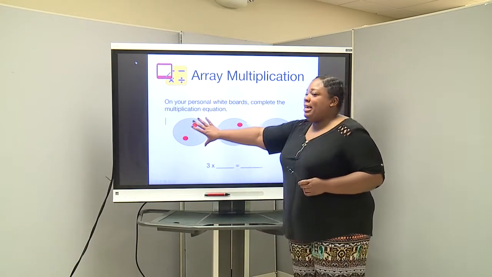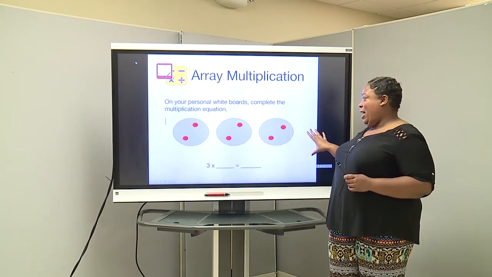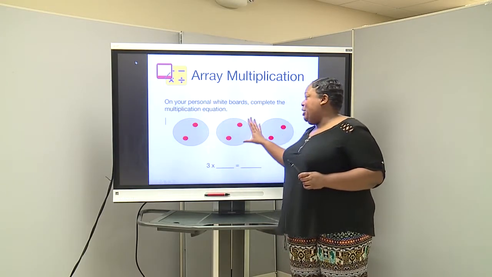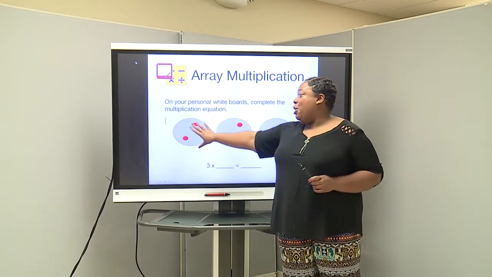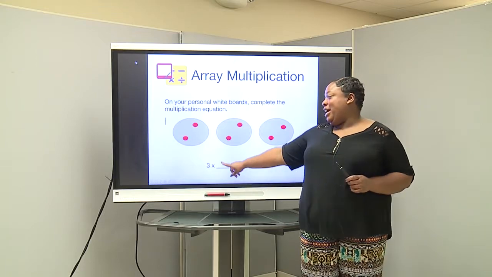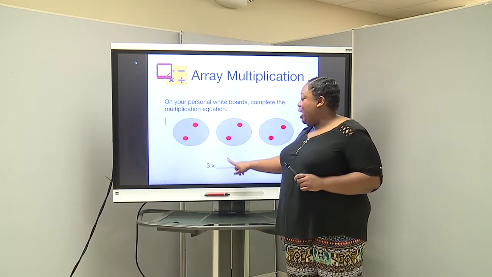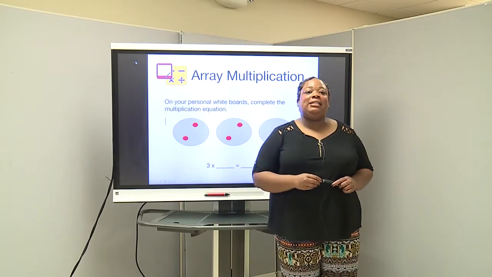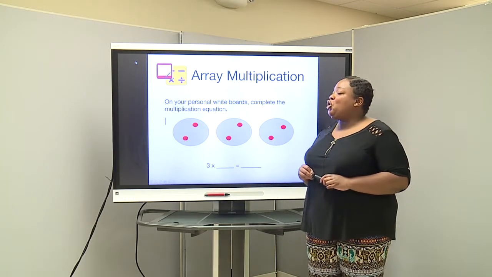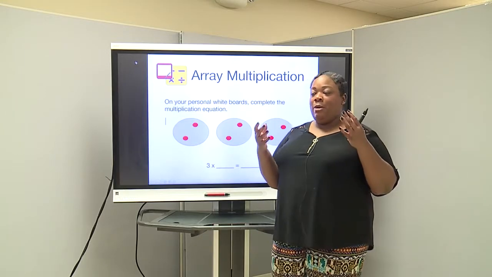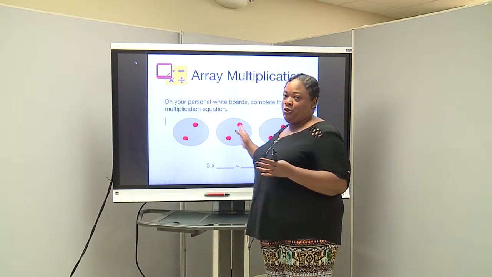So let's look and see how many groups we have, all right? Right now I see 3 large circles, so the number of groups is 3, and we see that 3 down here reflected in our equation. Now remember the second number is the size of the group. When I'm talking about the size of the group, I'm trying to figure out how many are in each group, okay?